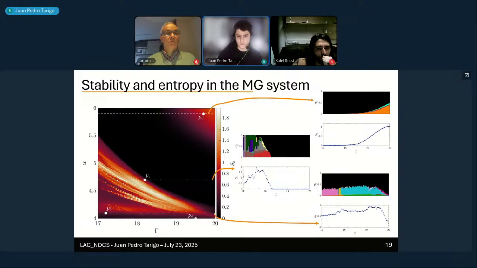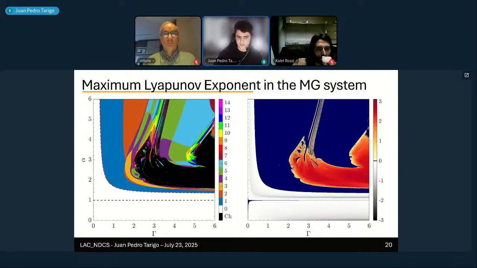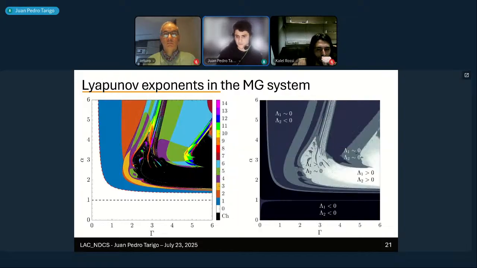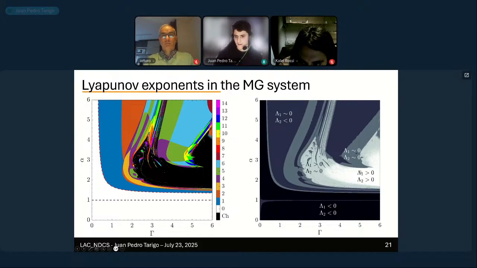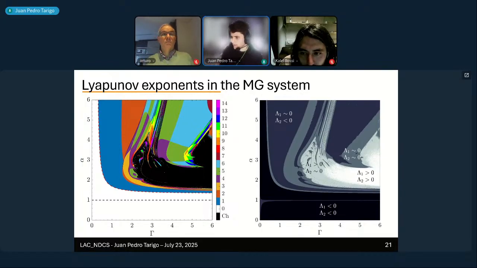So what we did was compute the maximum Lyapunov exponent and then the first two Lyapunov exponents of the system. And here we can see that the system suffers another transformation, where the second Lyapunov exponent becomes positive in this white region here. So that might indicate that the system has more than one chaotic attractor, right?